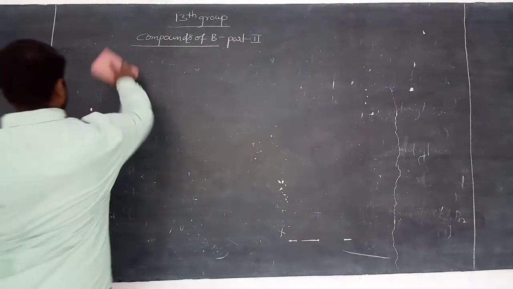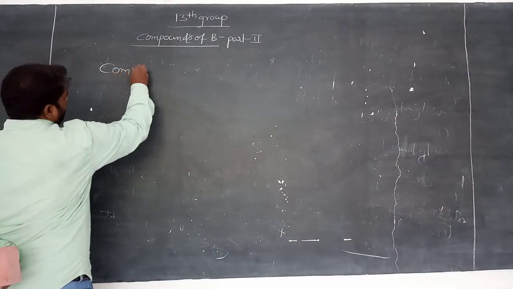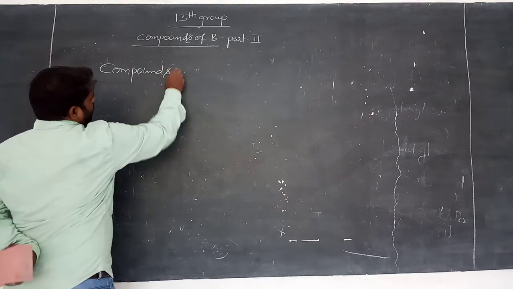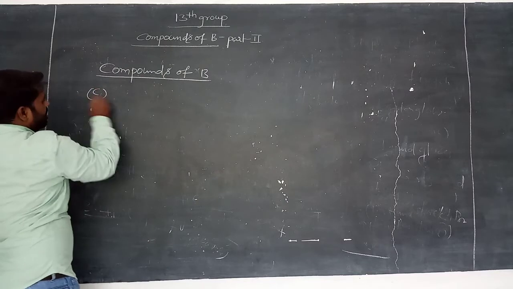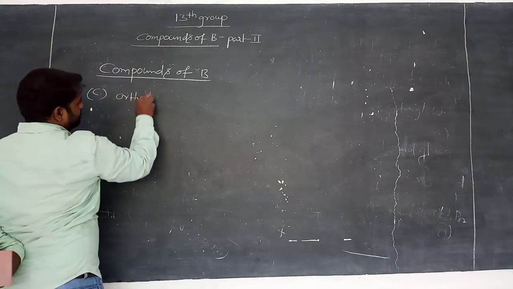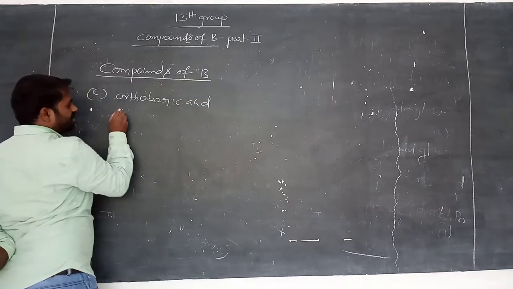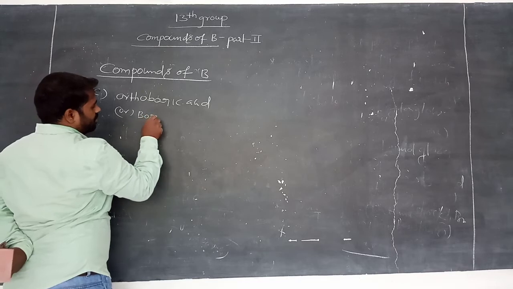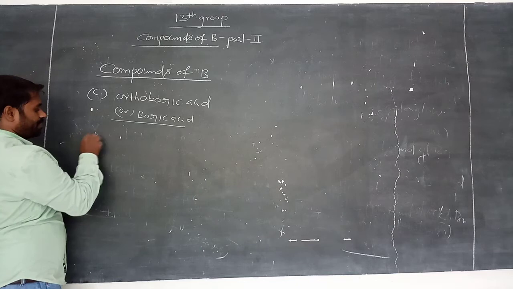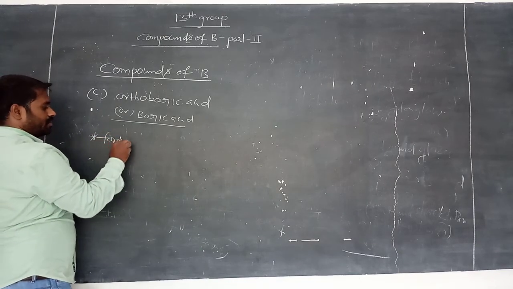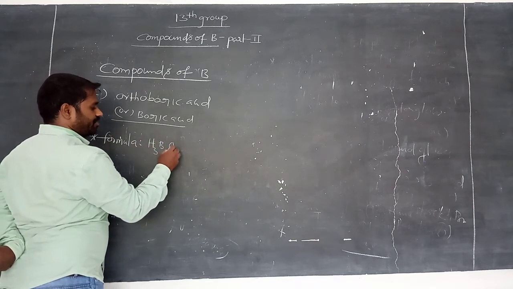And next go for orthoboric acid. Another compound of boron is orthoboric acid, or boric acid. What is the formula? Its formula is H3BO3.